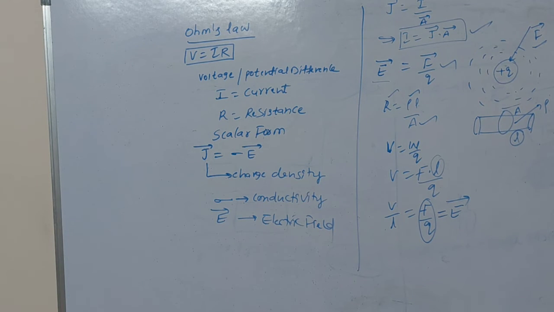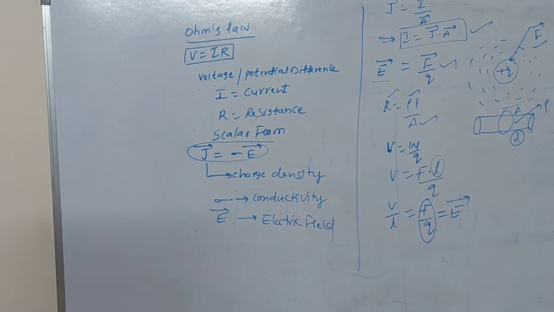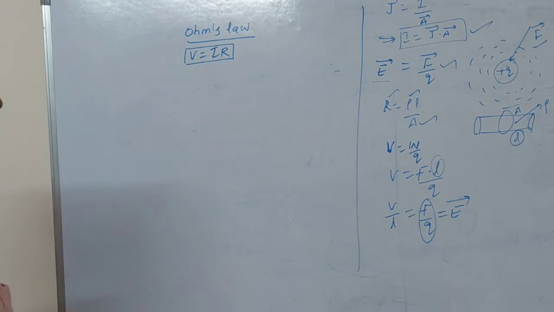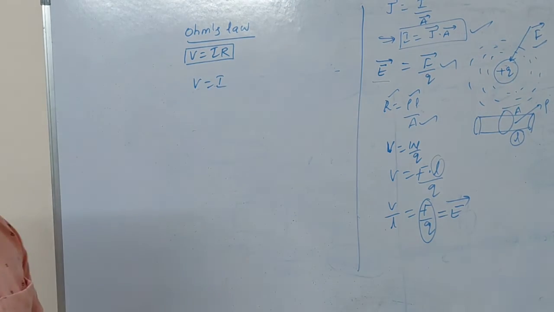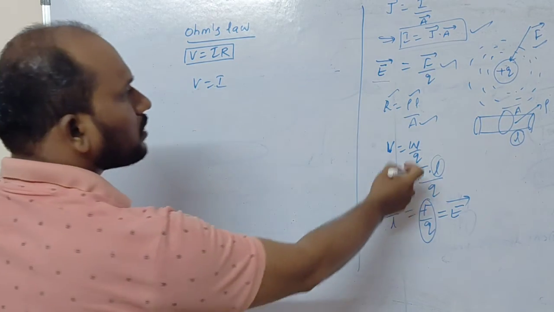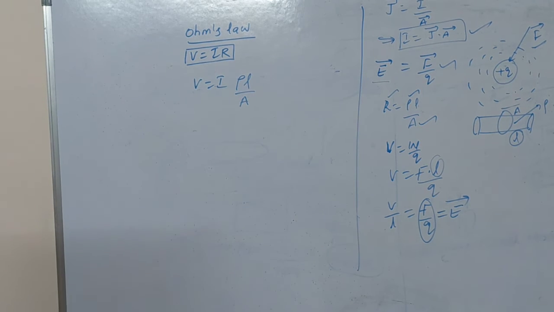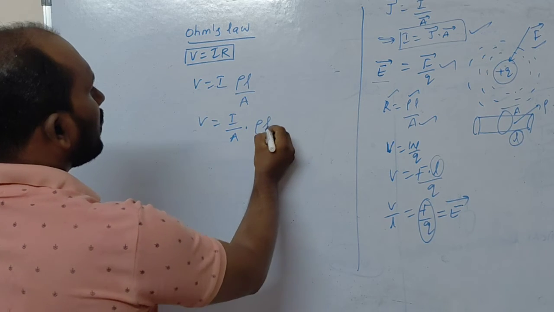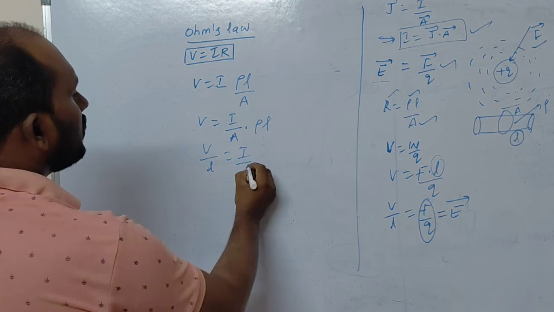Now our wish is to prove this vector form of Ohm's law. Let's see how to derive this. Here we know V is equal to IR. In the place of R, we can substitute rho L by A. So V is equal to I by A into rho L. So V by L is equal to I by A into rho.